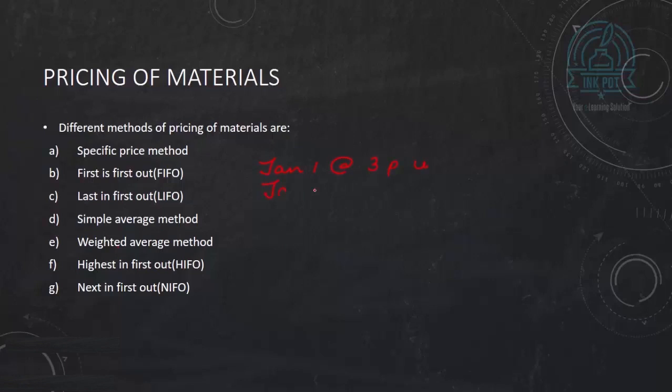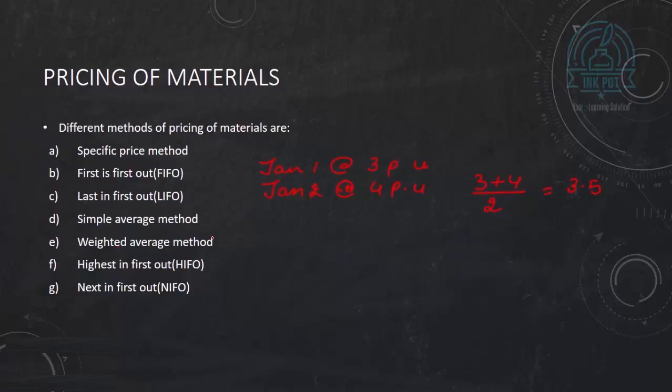And on Jan 2, we have purchased at the rate of 4 per unit. So how we will calculate the average price? Simple average of this, that is 3 plus 4 divided by 2 is equal to 3.5 is the average price. The stock will be issued at average price, that is 3.5.